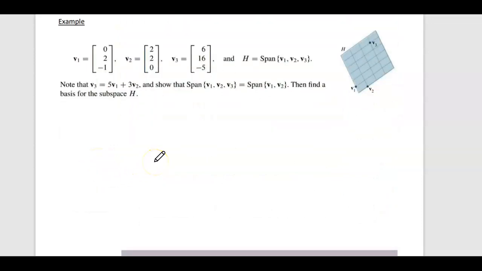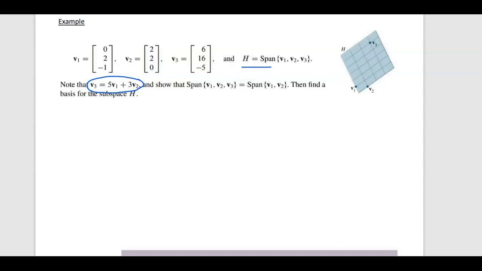Note that we have V1, V2, V3, and V3 is a linear combination: 5V1 plus 3V2 will get you V3.